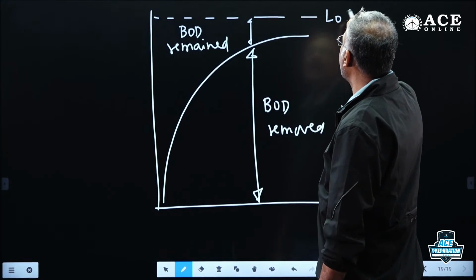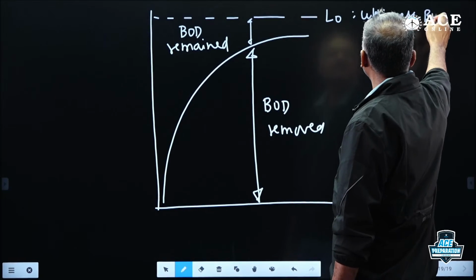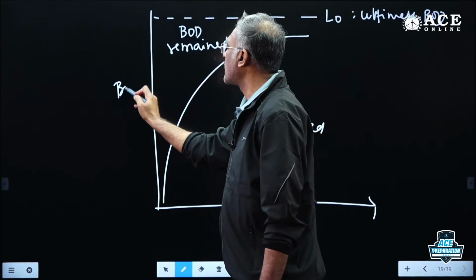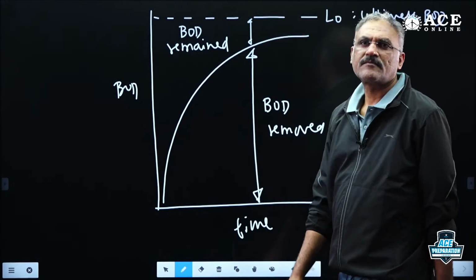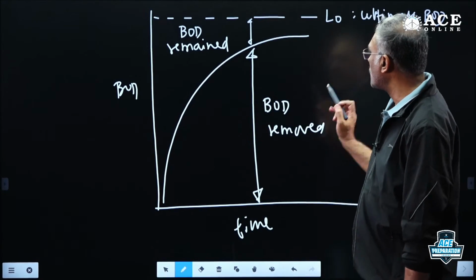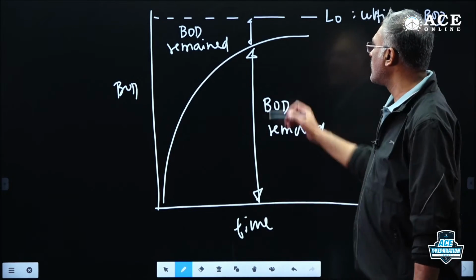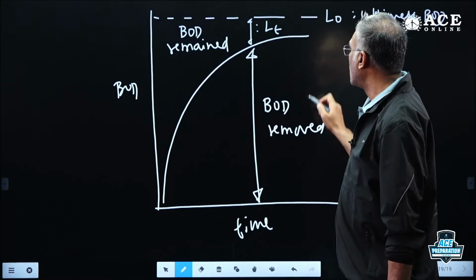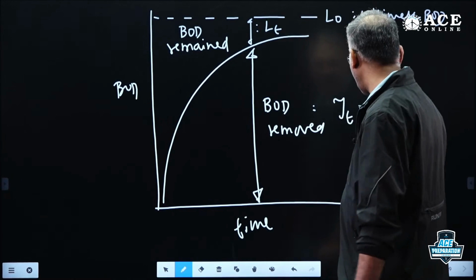This is the ultimate demand. Ultimate BOD means ultimate oxygen demand. Sometimes they ask remained, sometimes removed. Remained means it is LT, removed means it is YT. LT is different, YT is different.